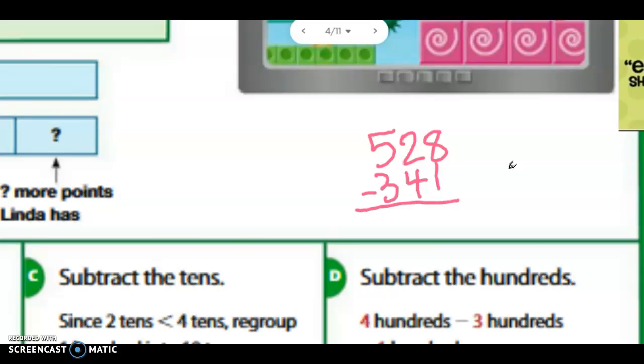Remember our saying: if there are more on top, there is no need to stop. So 8 is more than 1, so there's no need to stop. 8, if I take away 1, I would get 7. Then we can move on to the next step.